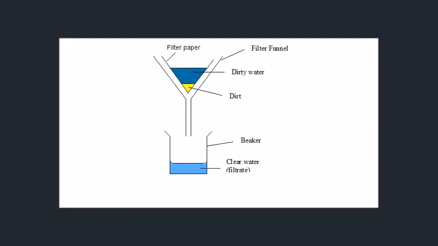Okay, so we've got a mixture of ink and muddy water, and the one thing that we can do first is we can separate the mud from the water and the ink. And the way that we'd do that is we'd use a filter paper, a filter funnel. Now it wouldn't be dirty water, it would be muddy ink water.